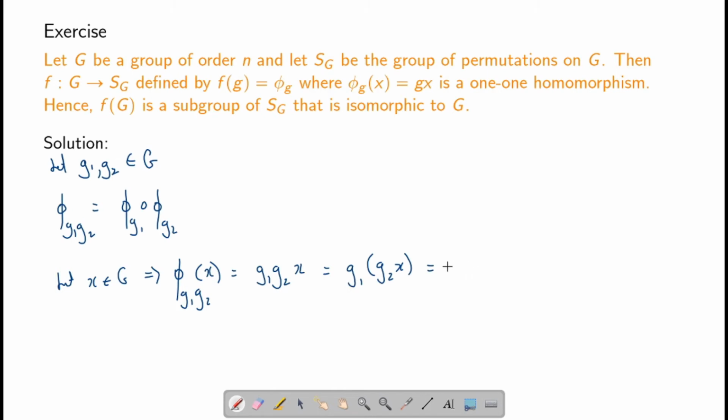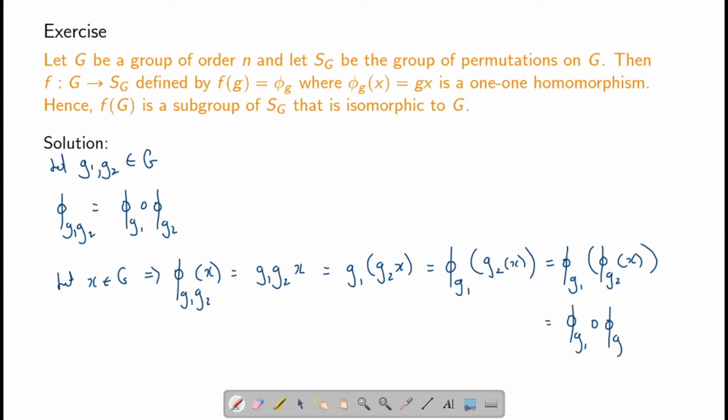But this here is phi_{g1} of (g2 times x). But here you can see g2 times x is phi_{g2} of x, which is phi_{g1} composition phi_{g2} of x.